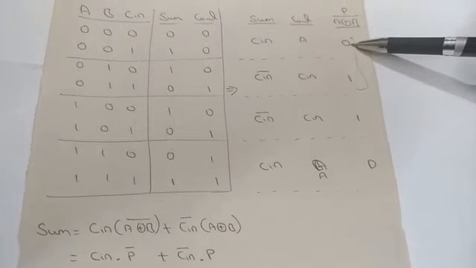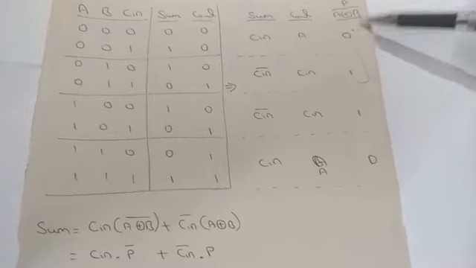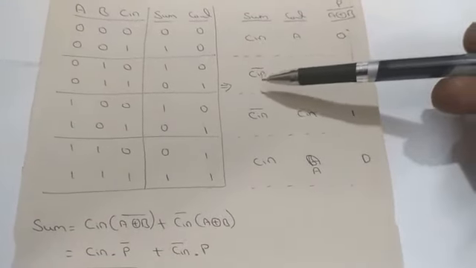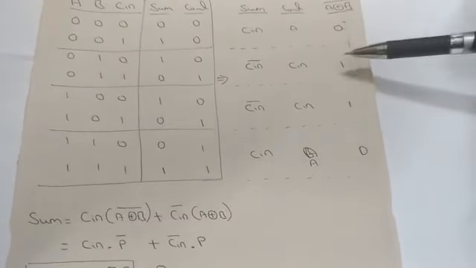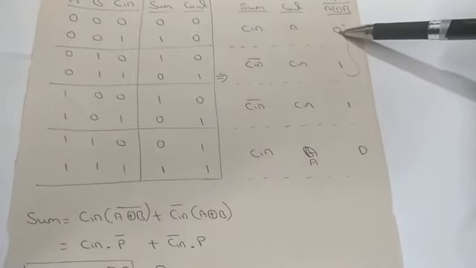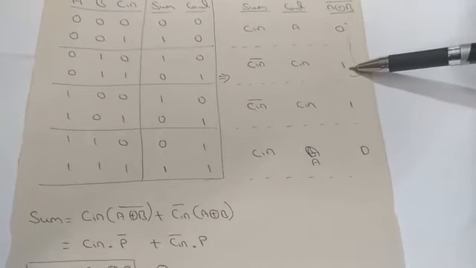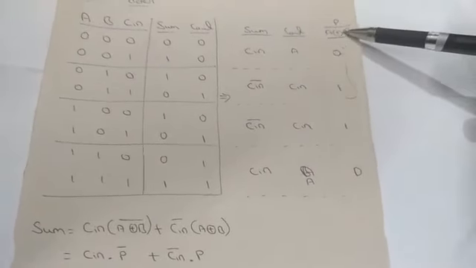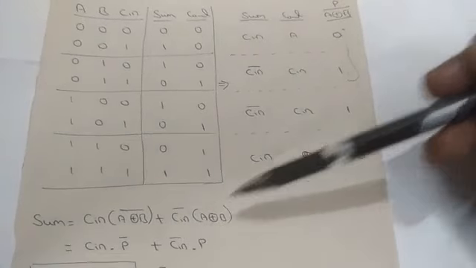For the case of Cin bar, the XOR is 1, so we are already writing it as A XOR B. So the expression is Cin into (A XOR B) whole bar plus Cin bar into (A XOR B). Instead of A XOR B, in short form we can write it as P. So the expression we write here is Cin into P bar plus Cin bar into P.